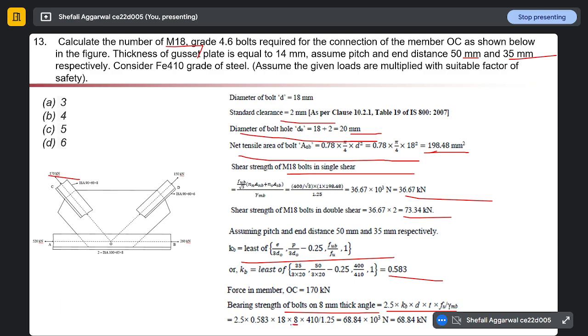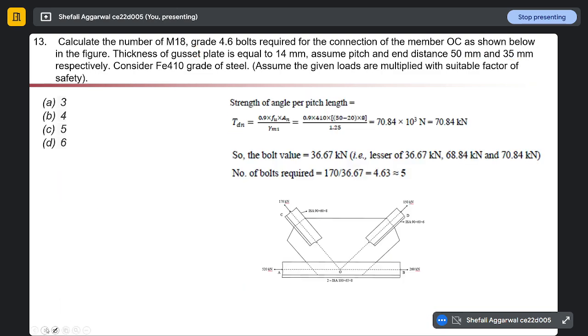For this member it is 8 mm, and then f_u upon gamma_mb: f_u is 410 and gamma_mb is 1.25. Using this formula, we get the bearing strength as 68.84 kilonewton for this angle section.